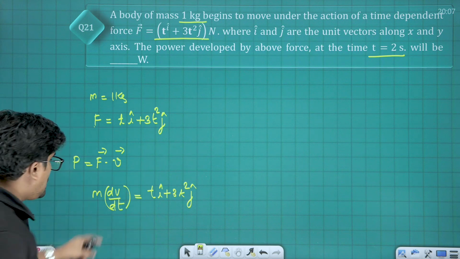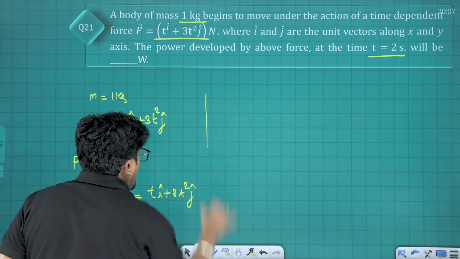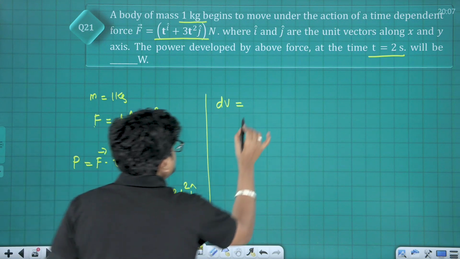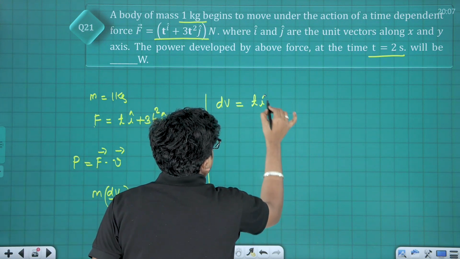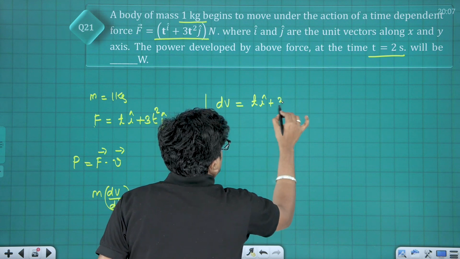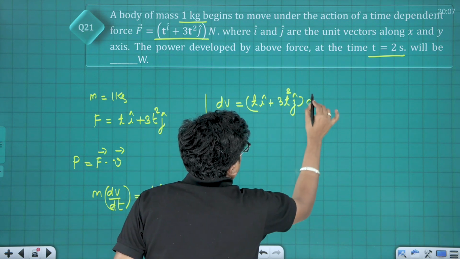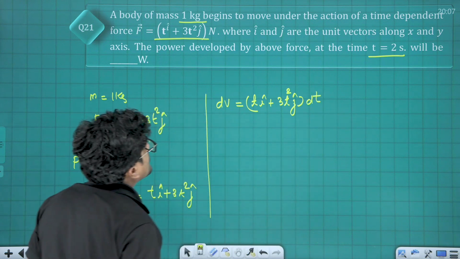Okay, mass is 1. So I can now say dv is equal to t i cap plus 3t square j cap into dt.